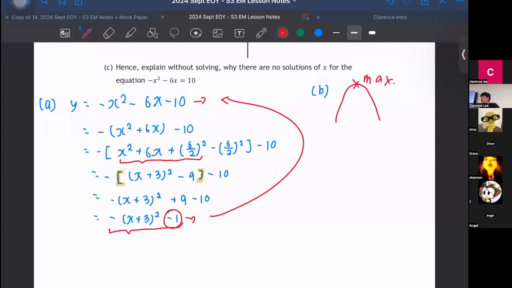Okay, so remember to identify the shape first, then go and visualize this in your head. If not, you can always draw it out, it's fine. So you will have a maximum point, which means you will have negative 3, negative 1 as your coordinates.